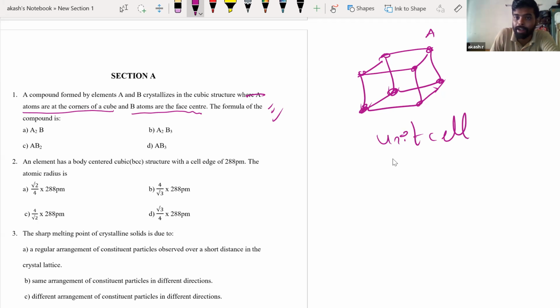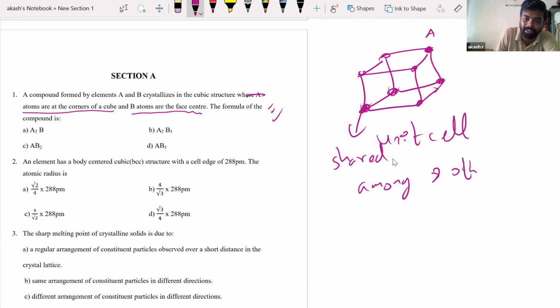From any vertex, I will be able to draw 8 unit cells. This particular point can be shared among 8 unit cells, and this is one of them.